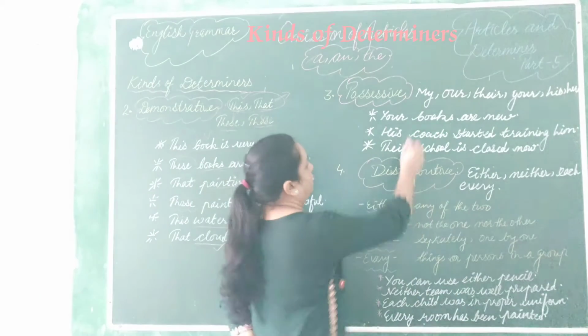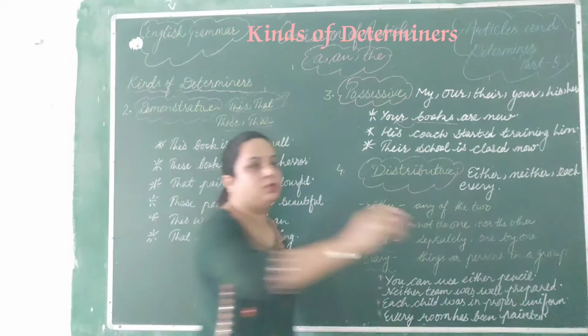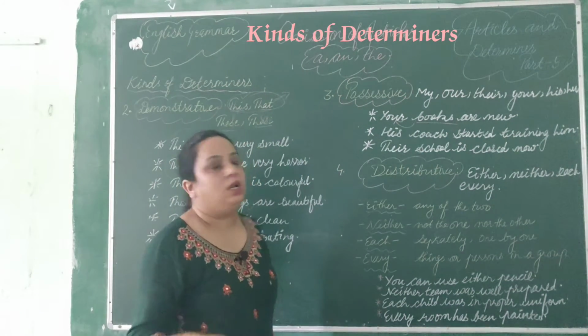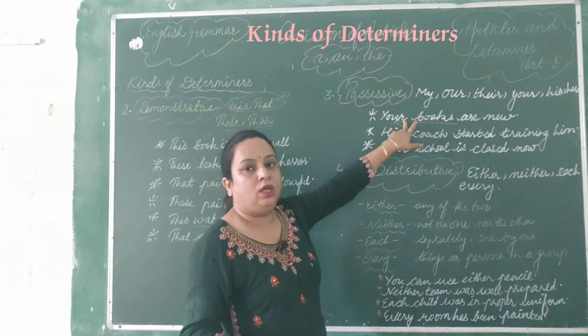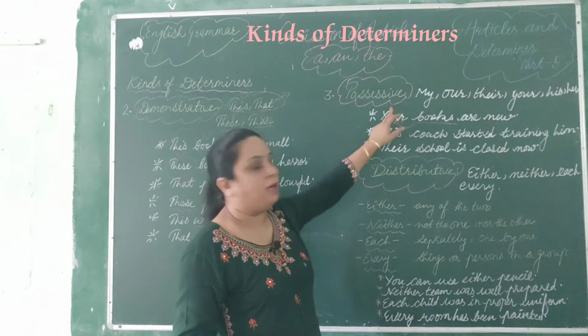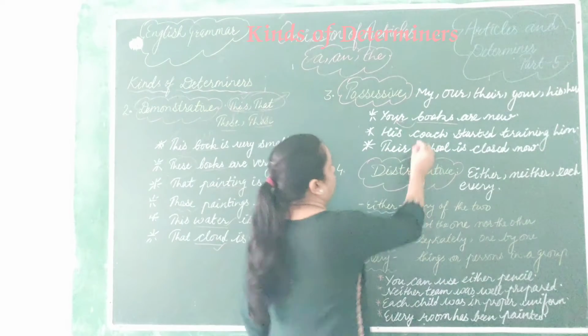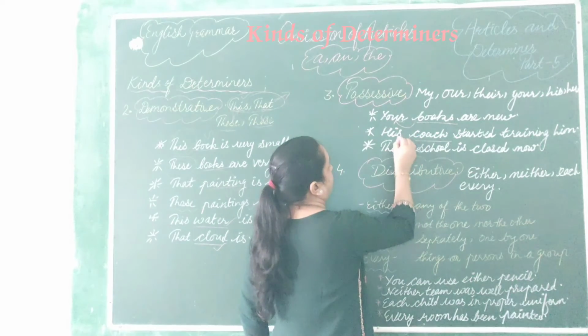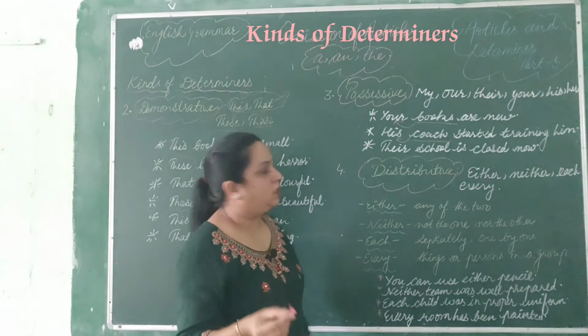So books is a noun, and this word your is showing possession, as in these books are yours. So your is a possessive determiner here. His coach started training him. Coach is a noun, and before that the word his is telling us a possessive determiner.